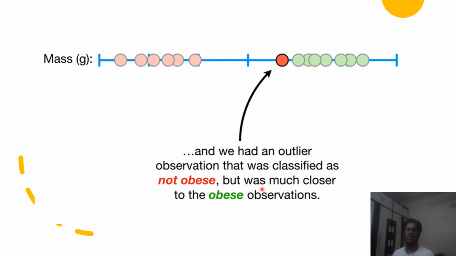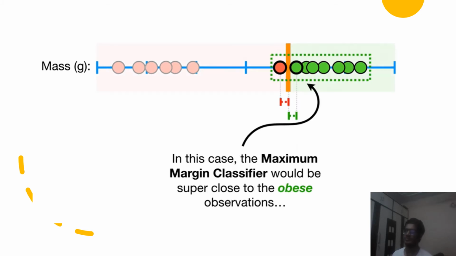Now the problem arises when we have an outlier observation that was classified as not obese but is much closer to the obese observations. Clearly this is a mistake and hence it is called an outlier.